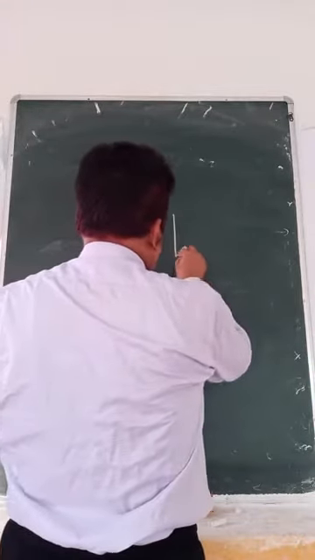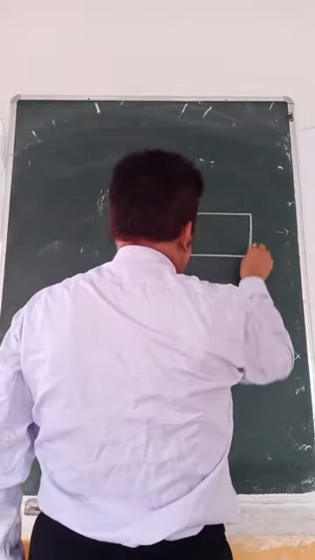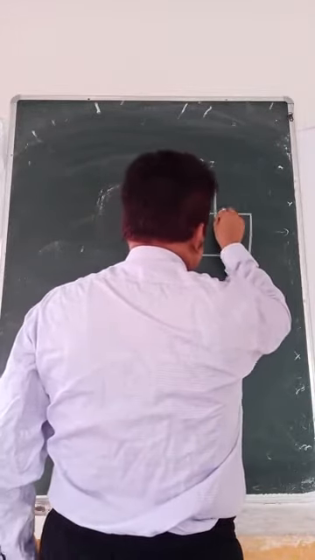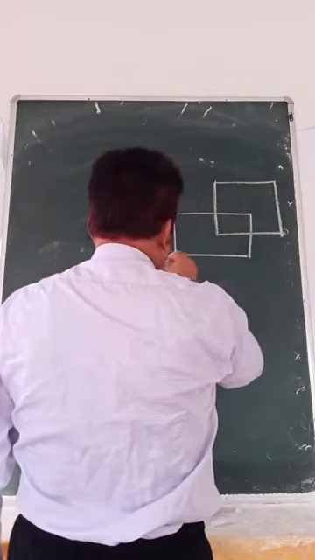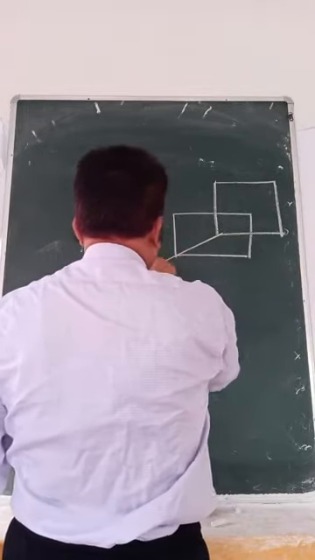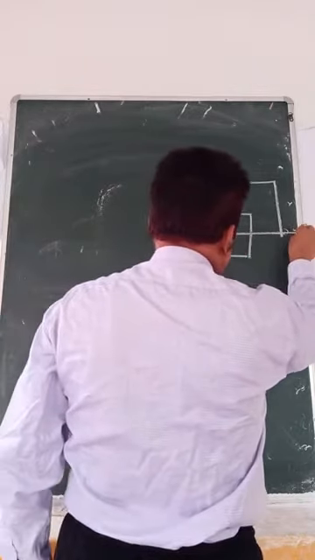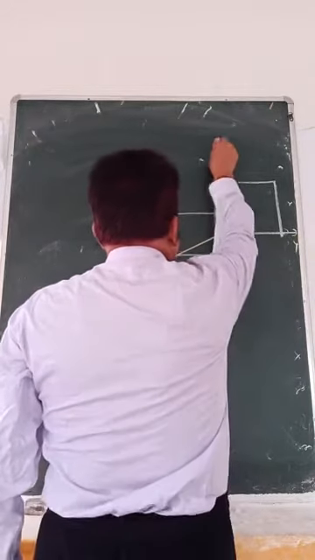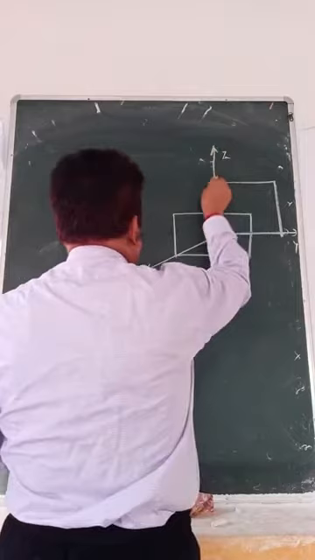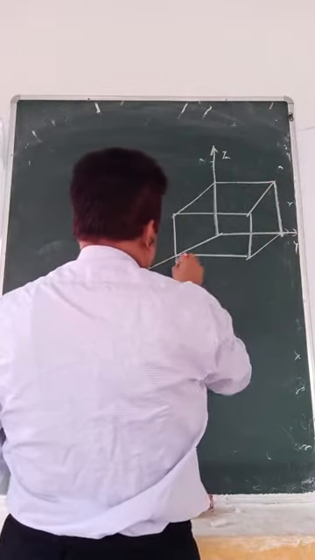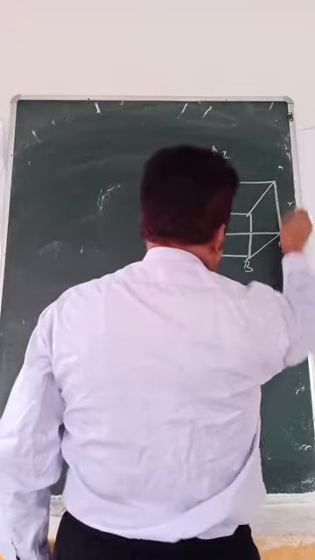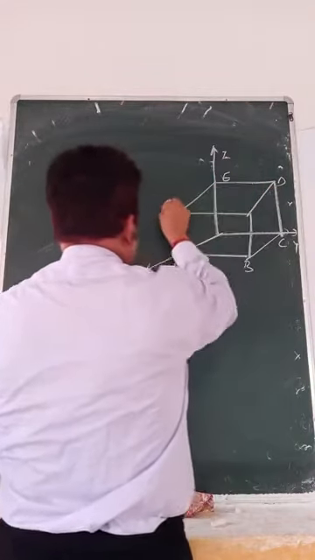There is a rectangle here, another rectangle here. This is our x, y axis, z axis. If I join this, if I join this, I take A, B, C, D, E, F.